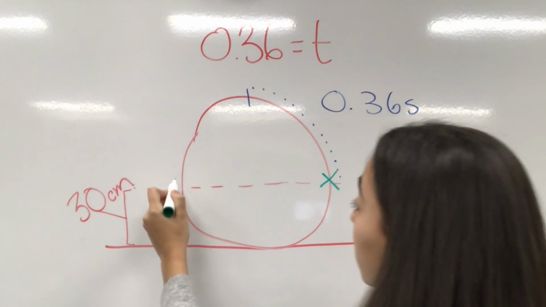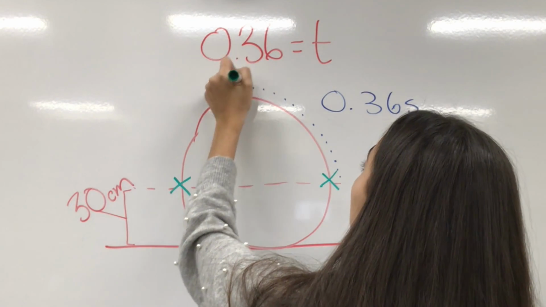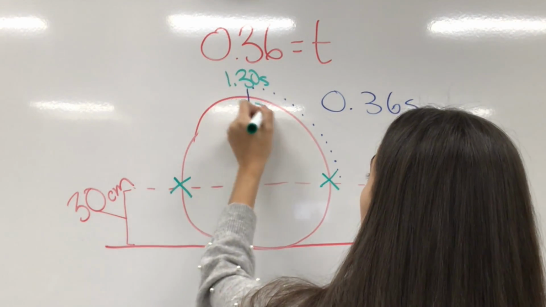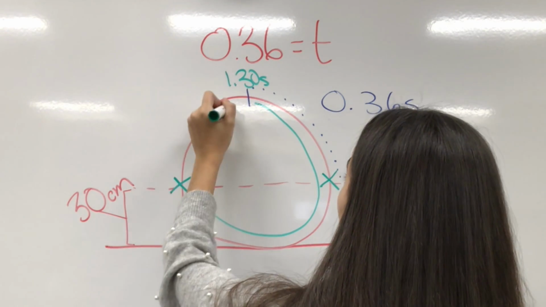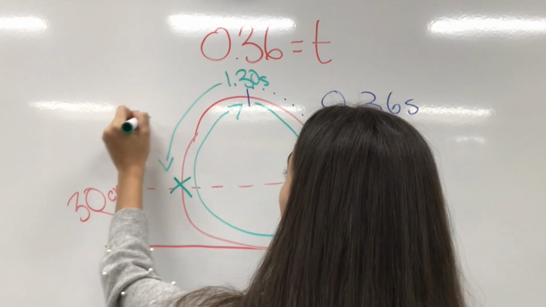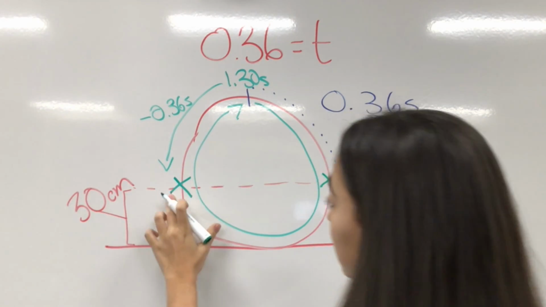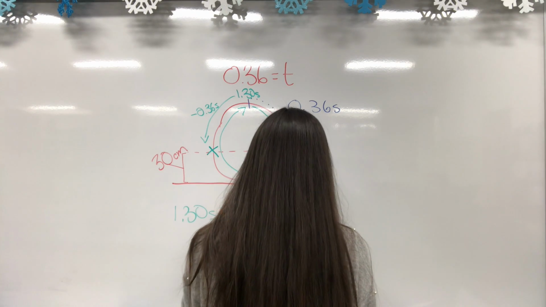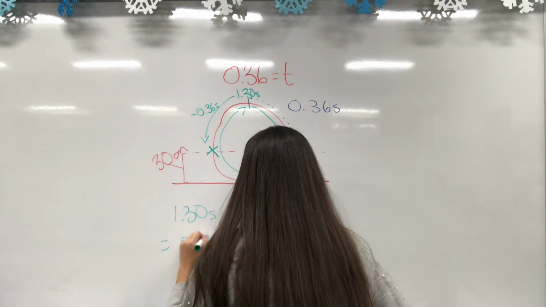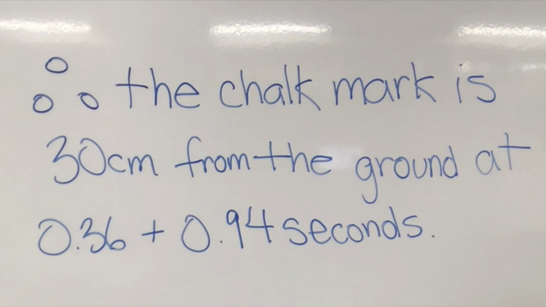And so to figure out how to solve for the time to get to this point, we can take 1.30 seconds, which is the amount of time it took for it to go all the way around, and subtract 0.36 seconds to get this time right here. Therefore, the chalk mark is 30 centimeters from the ground at 0.36 and 0.94 seconds.